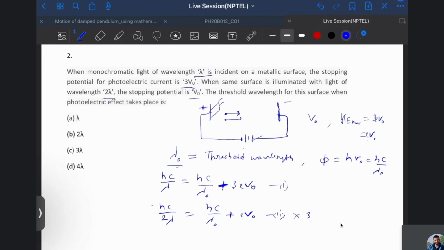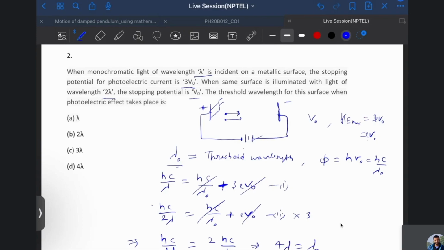Then 3 hc by 2 lambda minus hc by lambda will give us hc by 2 lambda, and this cancels, and here we get 2 hc by lambda naught, and by solving this we get 4 lambda equal to lambda naught.